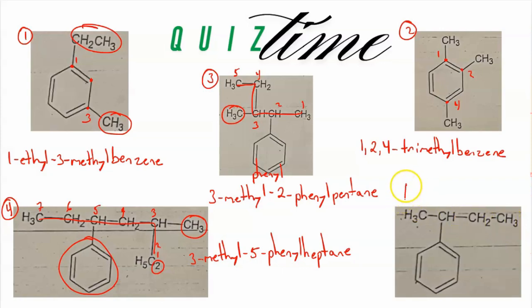So in that case, it would be, if you remember, but-2-yl benzene. But in my class, if a student were to write, and if any of my students are listening, don't worry, if you were to write 2-phenyl butane, I would be okay with that. That is correct as well.